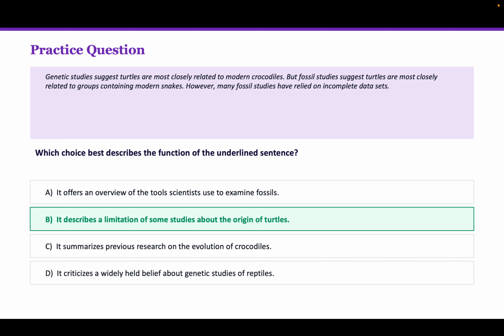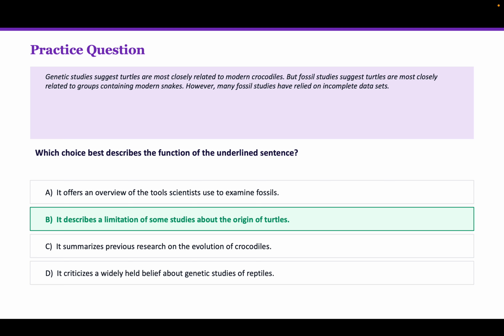The passage itself doesn't talk about crocodiles that much. It really just says that turtles might be closely related to them genealogically, but it says nothing about the evolution of crocodiles. And it criticizes a widely held belief about genetic studies of reptiles. So it's actually kind of criticizing genetic studies of reptiles itself here. So it's not really criticizing a widely held belief about genetic studies of reptiles.